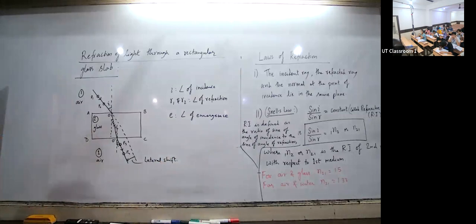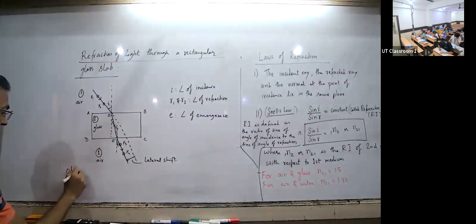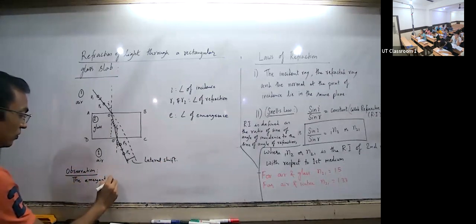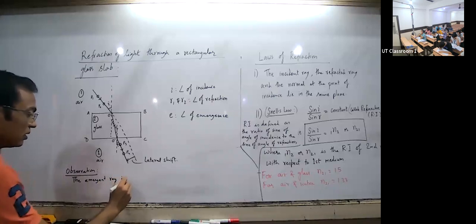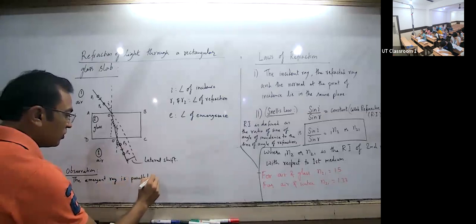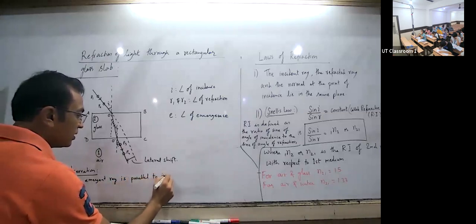There is only a lateral shift. There is no deviation. Okay, so this is the observation. Observation of this experiment is the emergent ray is parallel to incident.